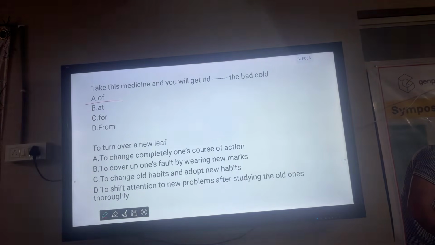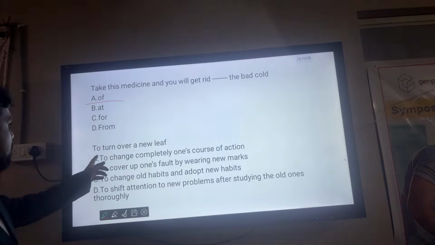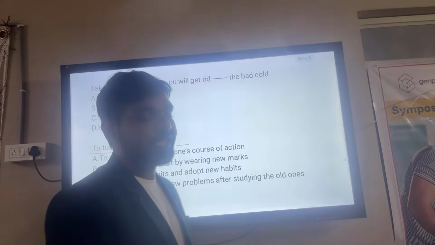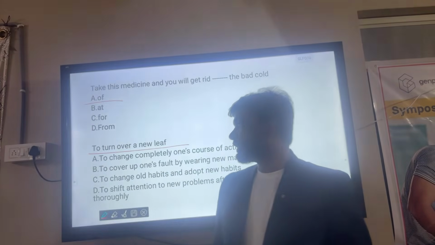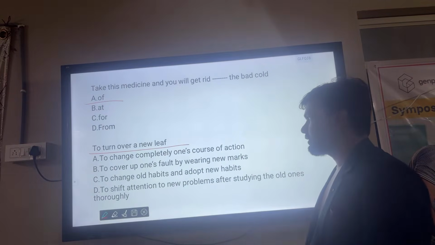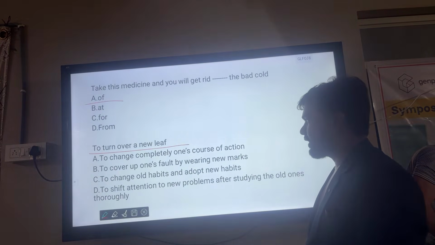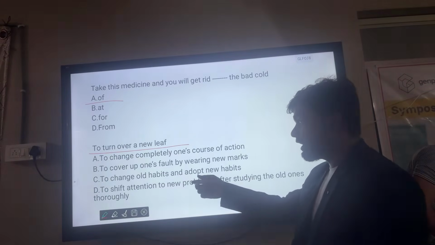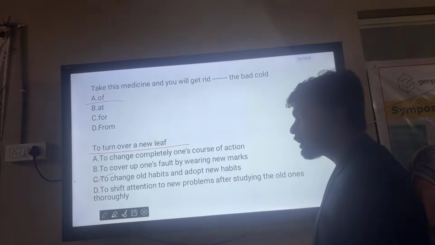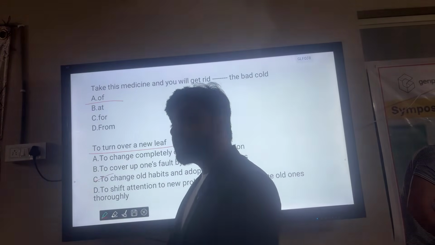Next one. What is the meaning of this idiom: to turn over a new leaf? To change completely one's course of action? No. To cover up one's fault by wearing new masks? No. To change the old habits and adopt new habits. This one is correct. When will a new leaf come?